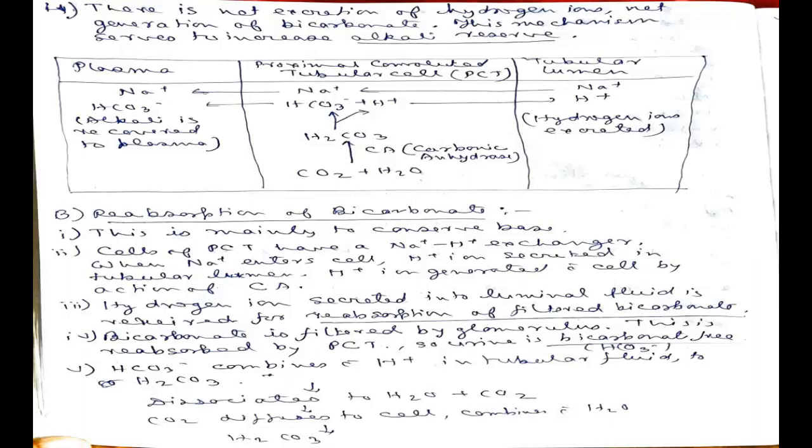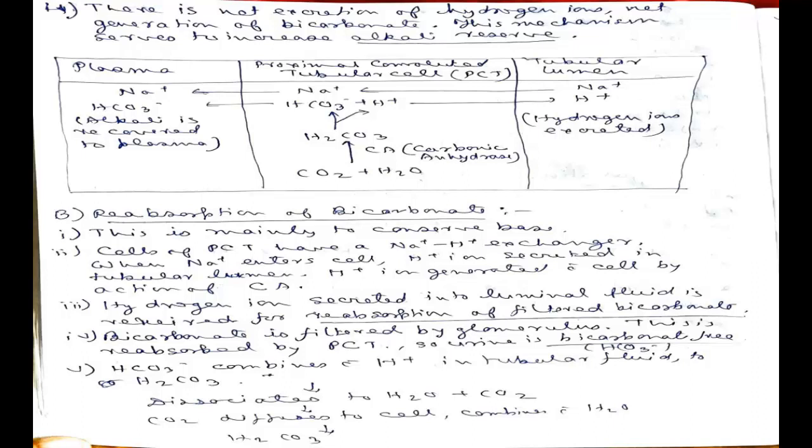Next is reabsorption of bicarbonate. This is mainly to conserve base. Cells of proximal convoluted tubules have a sodium hydrogen exchanger. When sodium enters the tubular cells, hydrogen ion is secreted in the tubular lumen. H plus ion is generated within the cell by the action of carbonic anhydrase enzyme.